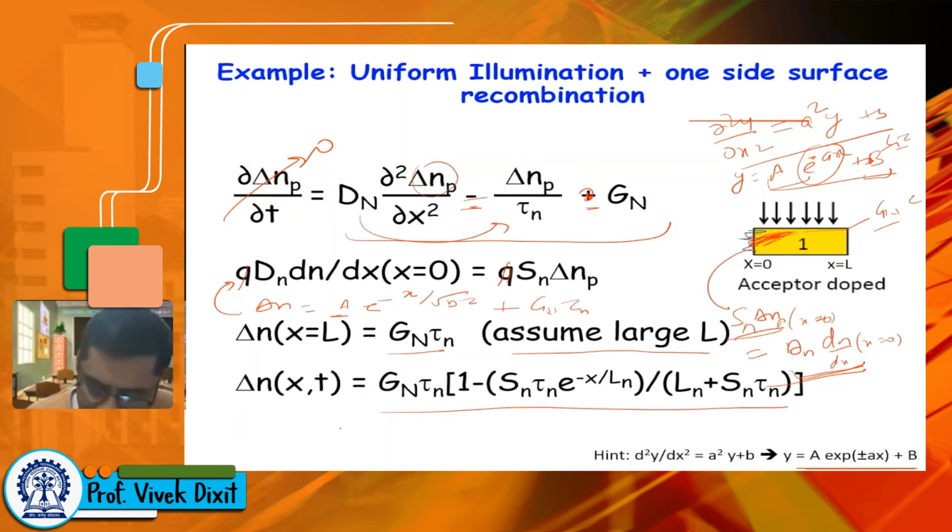This is basically a profile that looks like this, with x equal to L here and x equal to 0 here. The slope is the same as the recombination rate at the surface. Is it okay? Okay, let us consider another example.